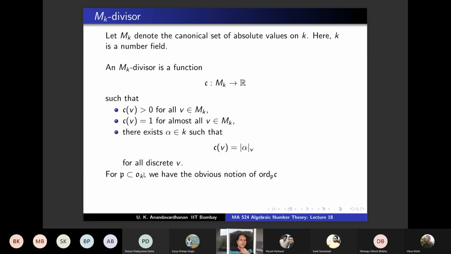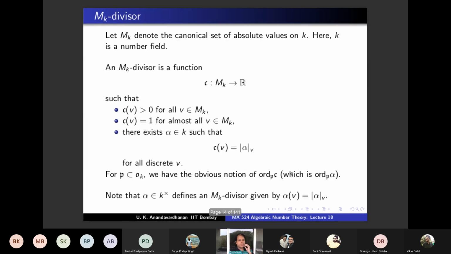For a finite prime P, the obvious notion of order of C at P is the order of alpha at P. In the factorization of the ideal generated by alpha, to what power the prime ideal P comes, that we call the order. Okay, so which is order of alpha at P. So we have this notion.